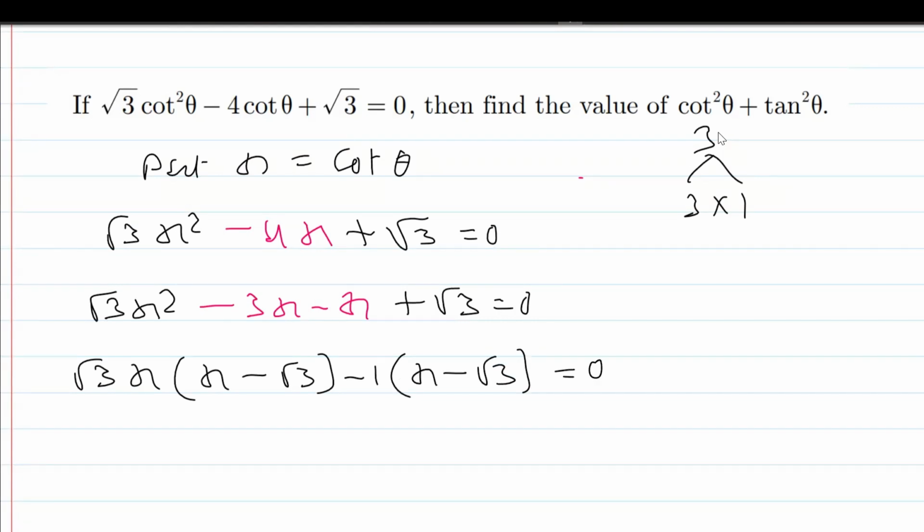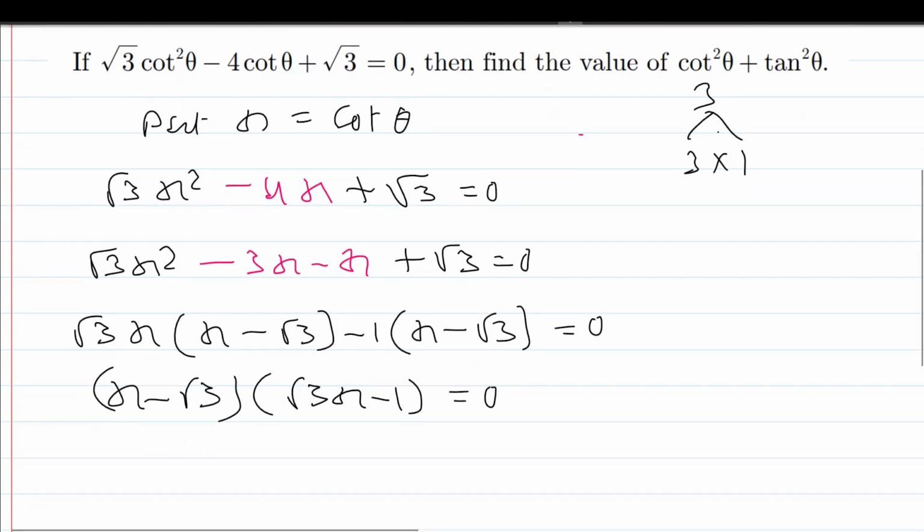As you know, on taking minus, the sign gets altered. So now taking x minus root 3 common from the whole, we get these two factors. Now if I equate this with 0, we get x as root 3. And equating the other with 0, we get x as 1 over root 3.